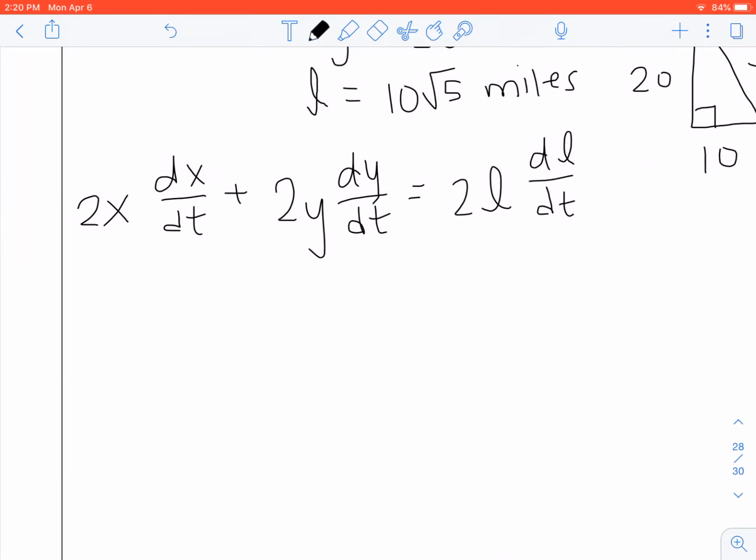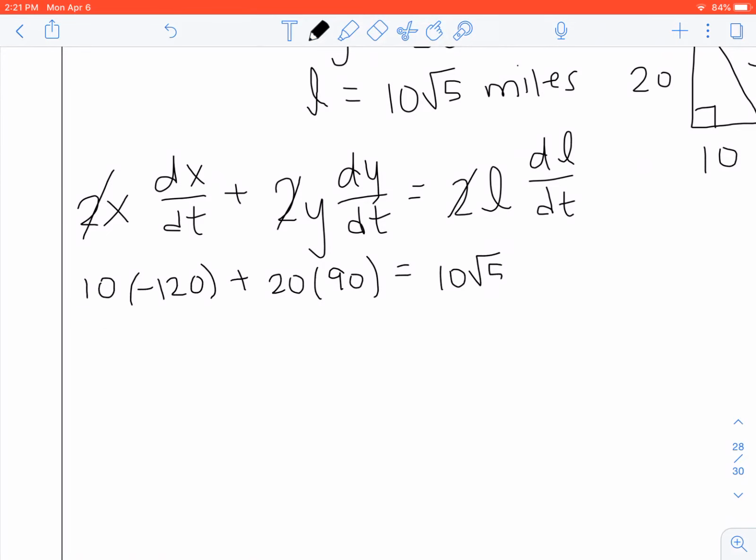So we have x, our x value is 10, times dx/dt, which is negative 120 miles per hour, plus y, our y value is 20, times dy/dt, which was 90, equals L, which is 10 square root of 5, times dL/dt, which is what we are looking for. It's our unknown.